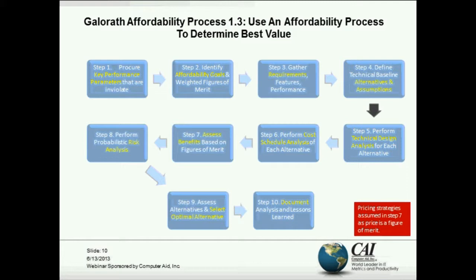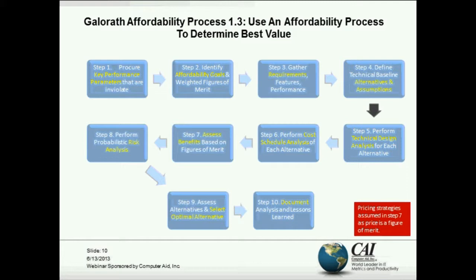Step 6 is to actually perform the cost and schedule analysis of each one and evaluate how the alternatives impact both cost and schedule. Step 7 deals with looking at not only that, but the benefits and the figures of merit. And that's really a way of aligning cost against performance in a kind of simple way.